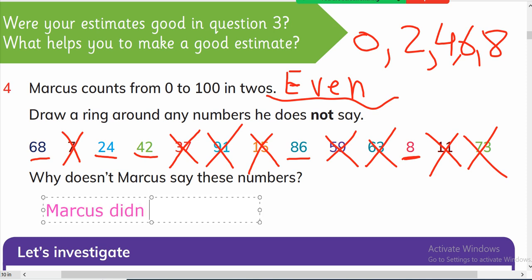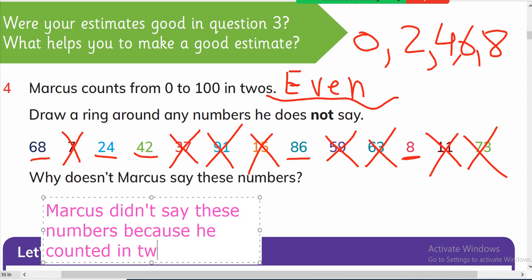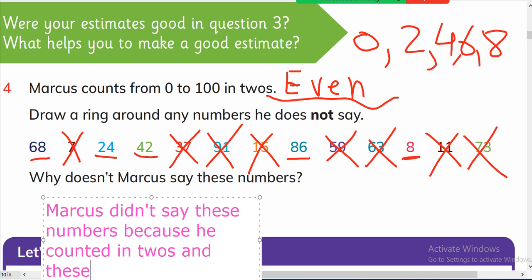Marcus didn't say these numbers because he counted in twos, and these are odd numbers that we got.